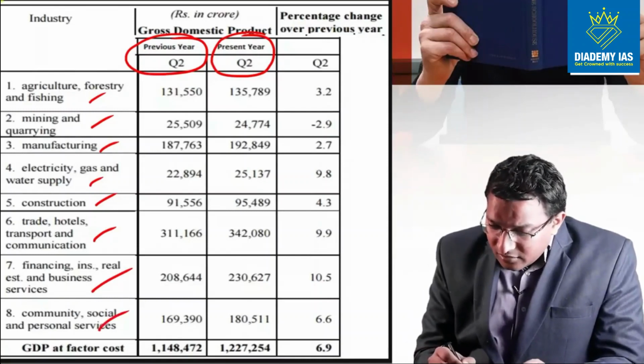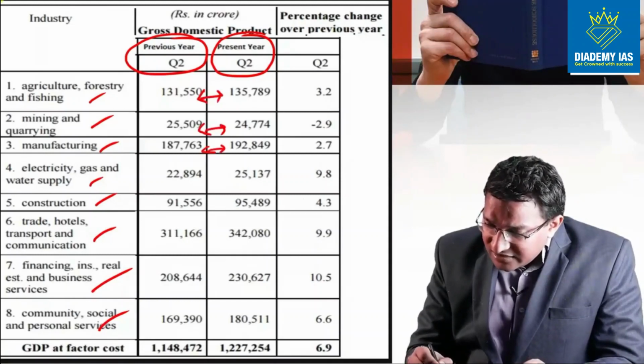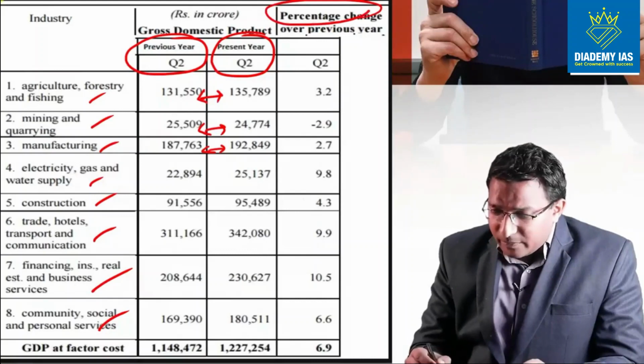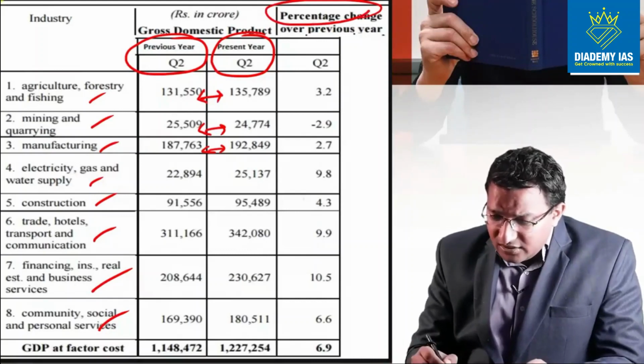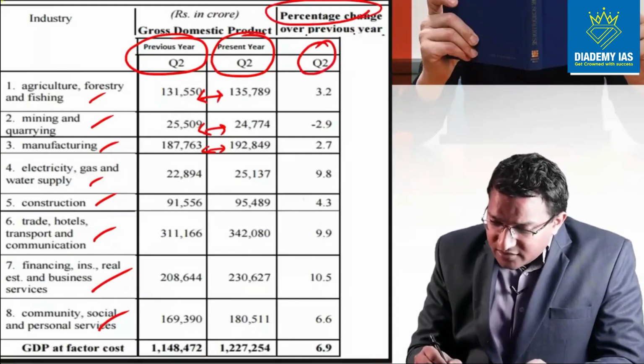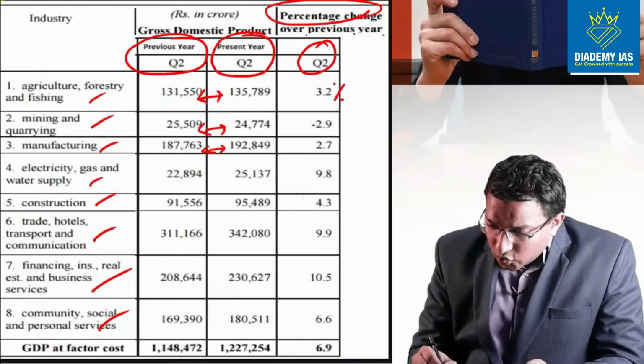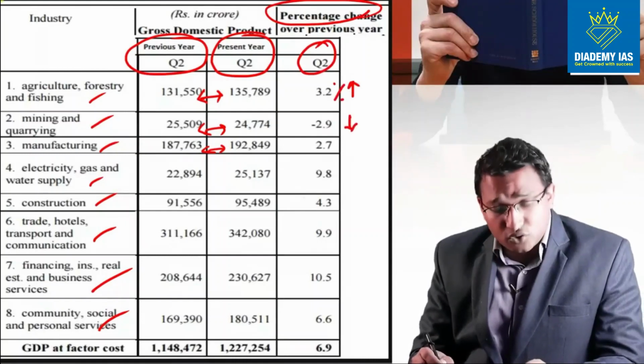Here we can compare the 2, and based upon this comparison we can see the percentage change as compared to the previous year. So compared to the previous year, in quarter 2 there is 3.2 percent growth. Here this is minus 2.9, so this is actually a decline, negative growth, right?